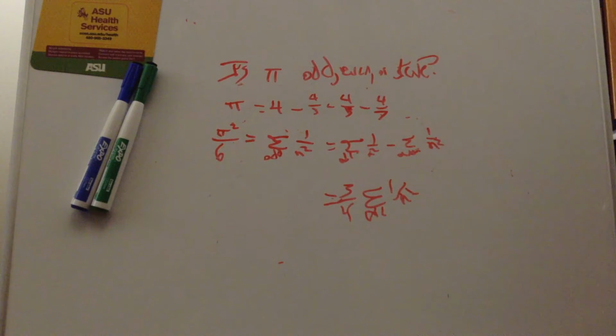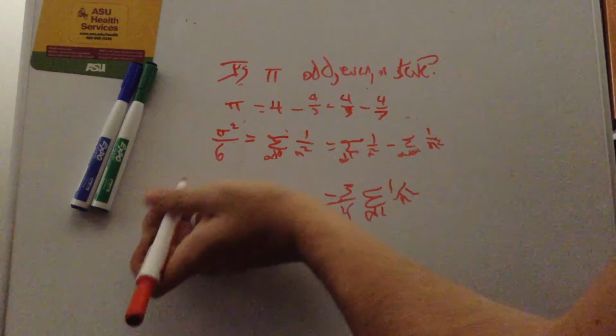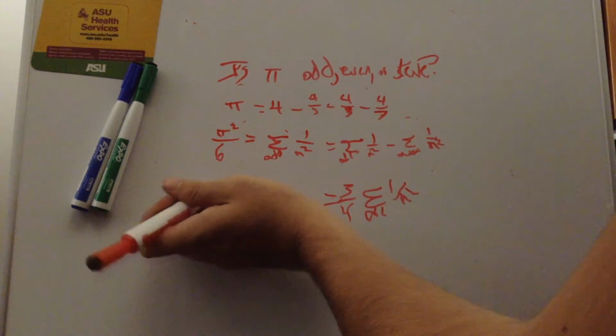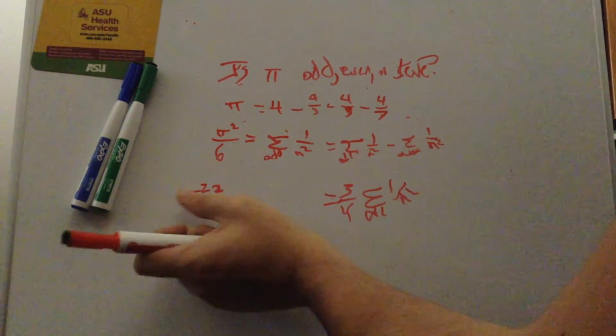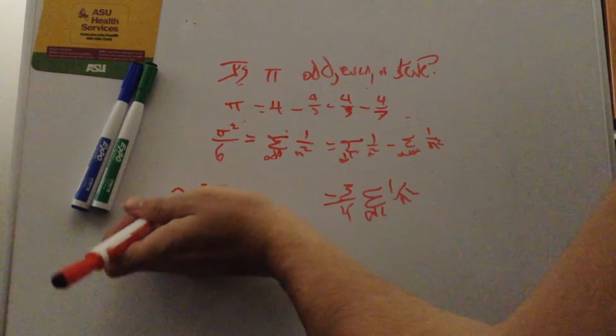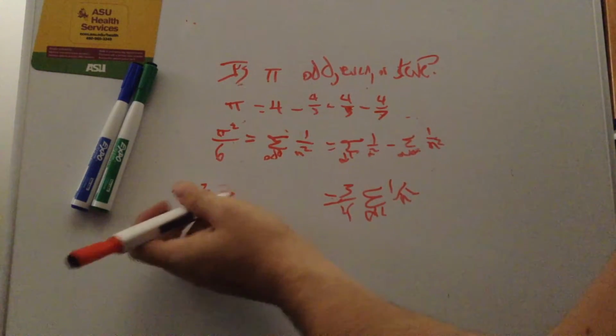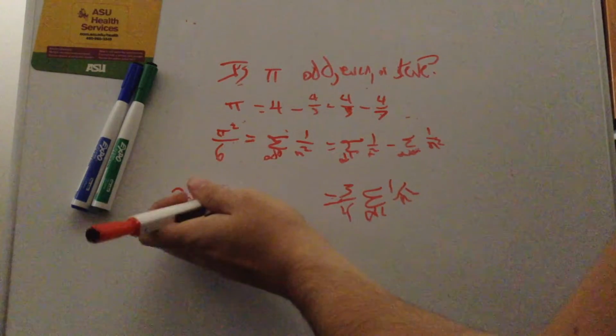So if we multiply, we get pi squared times 2/9. This should be correct, pi squared, 2 pi squared over 9. You guys feel free to correct me if I've got some part of this wrong, but 2 pi squared over 9 is the sum of odds, which should give us Steve.